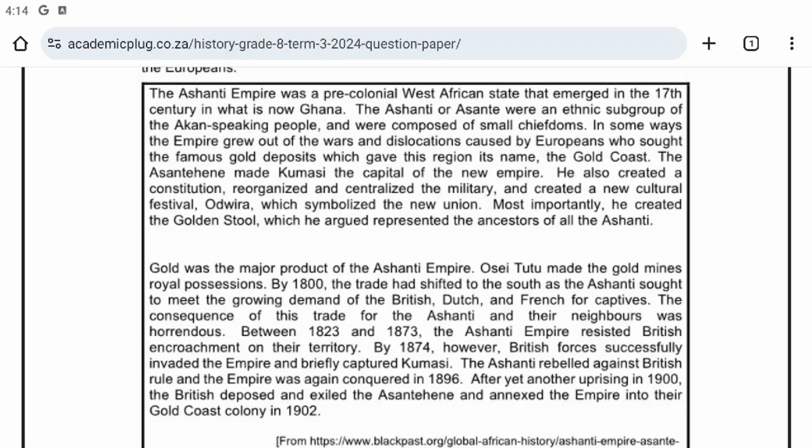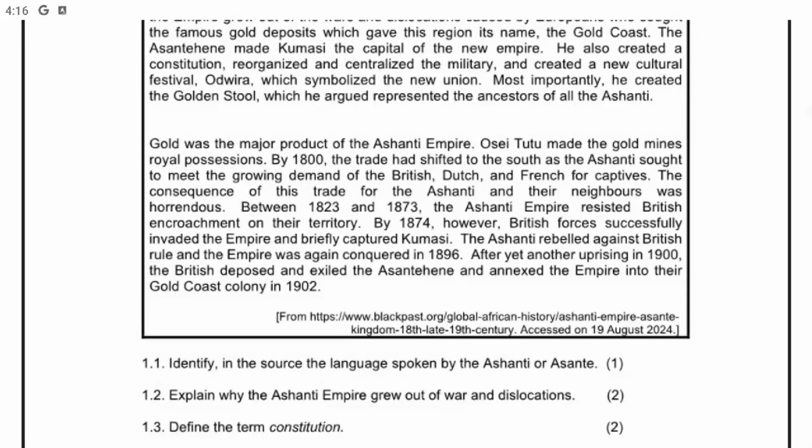Gold was the major product of the Ashanti Empire. Osei Tutu made the gold mines royal possessions. By 1800, the trade had shifted to the south, and the Ashanti sought to meet the growing demand of the British, Dutch, and French for captives.